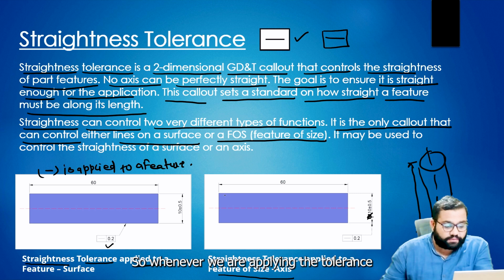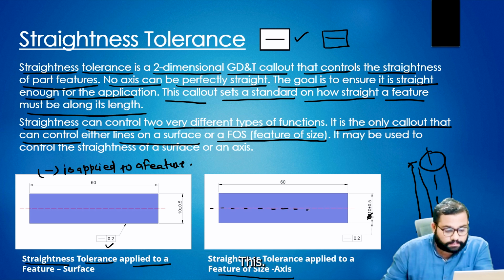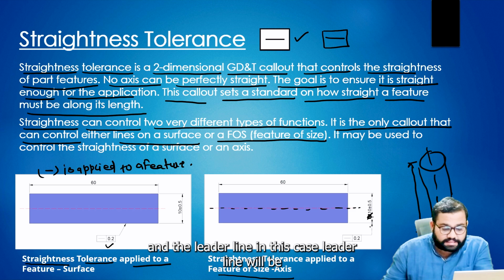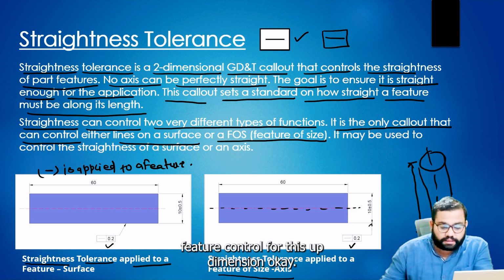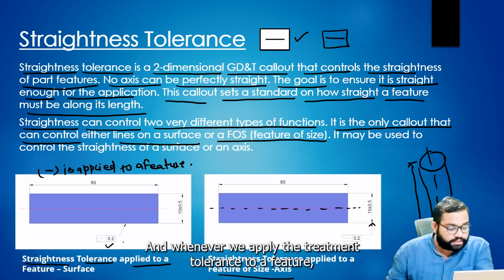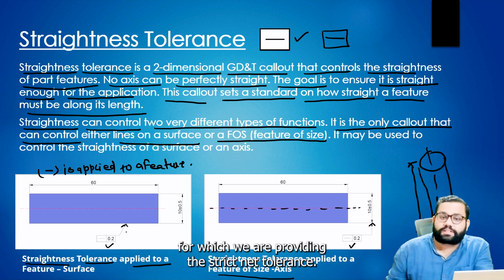Whenever we apply straightness tolerance to an axis, this red line here is the axis, and the leader line will be in line with the dimension. Whenever we provide straightness tolerance to a feature of size, we show the feature control frame with the dimensions. Whenever we apply it to a feature, we point towards the surface for which we are providing the straightness tolerance.